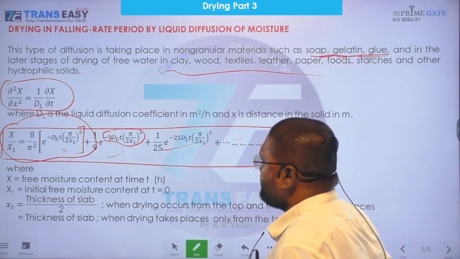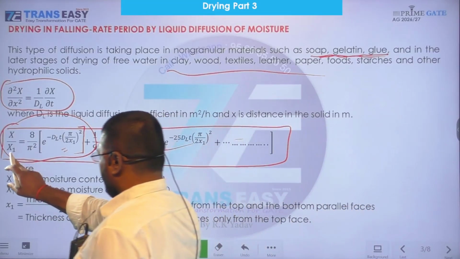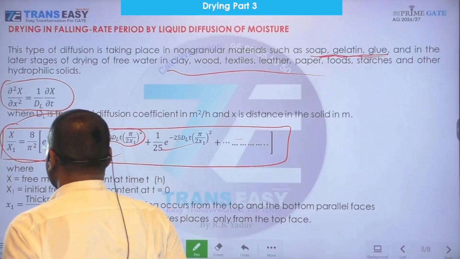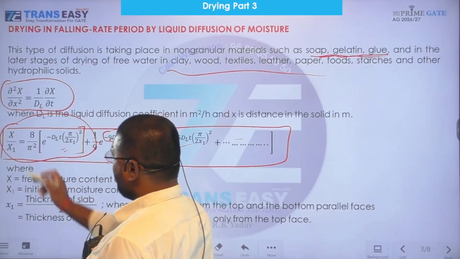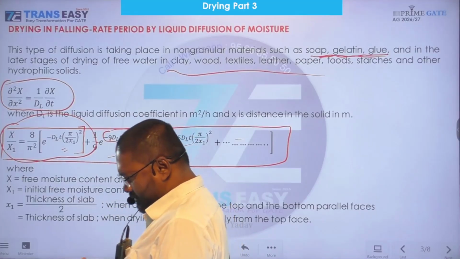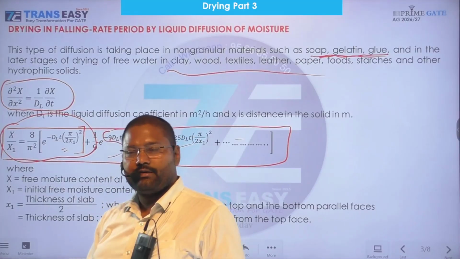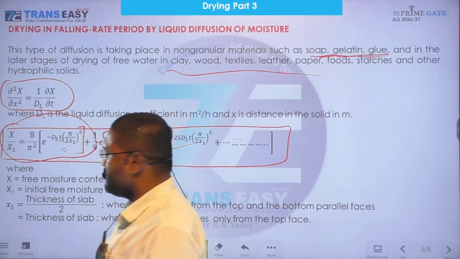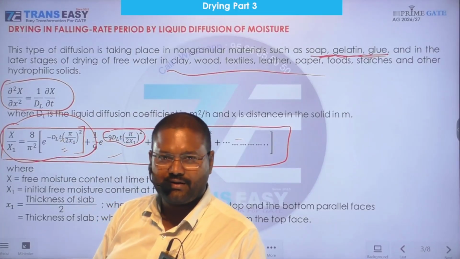Dear friends, here each and every term is known. X is free moisture content after time t. X1 is initial free moisture content.